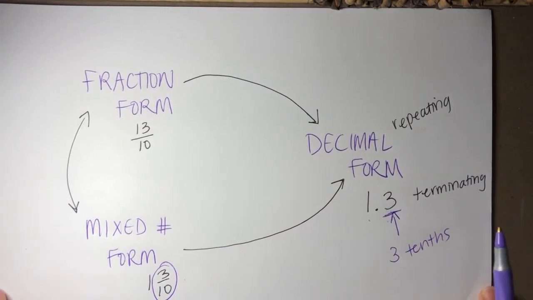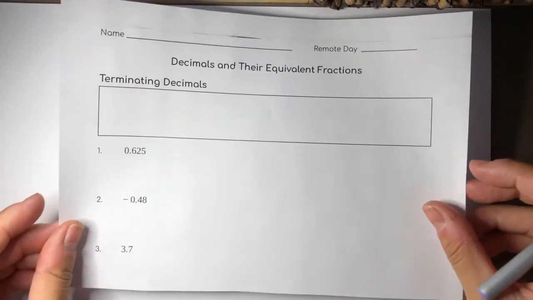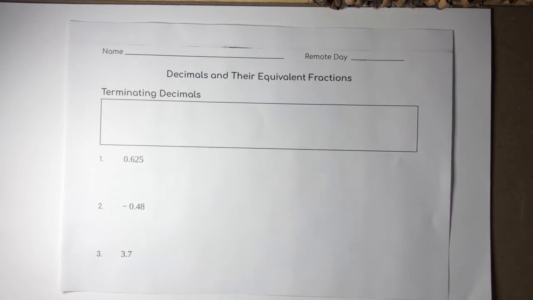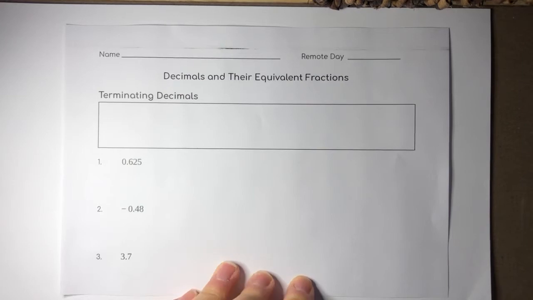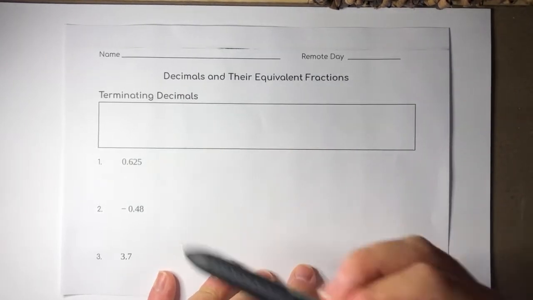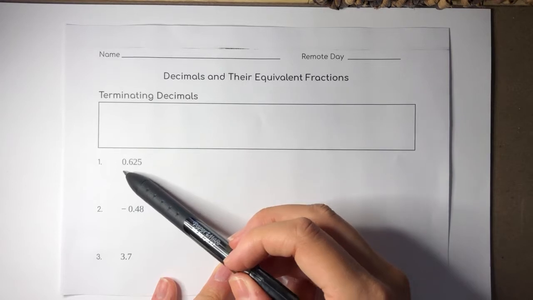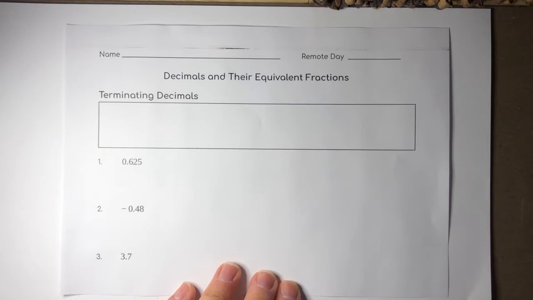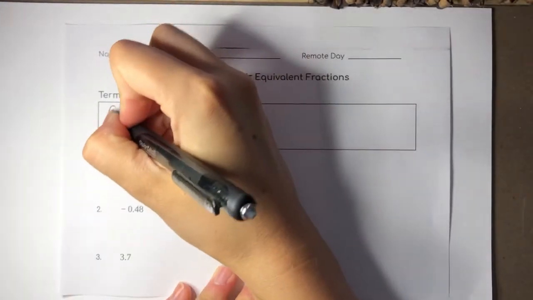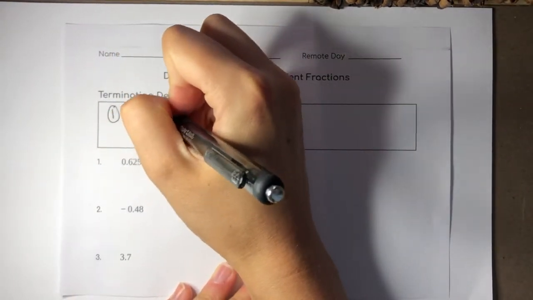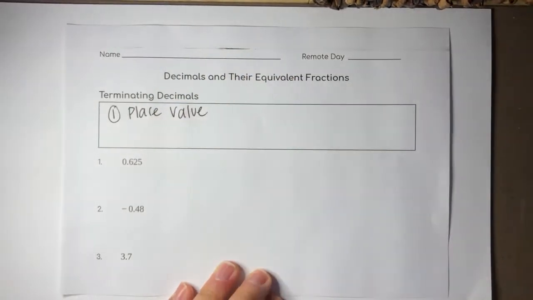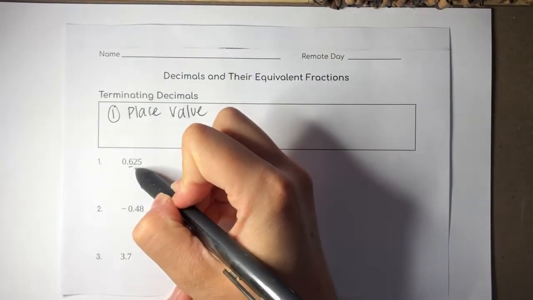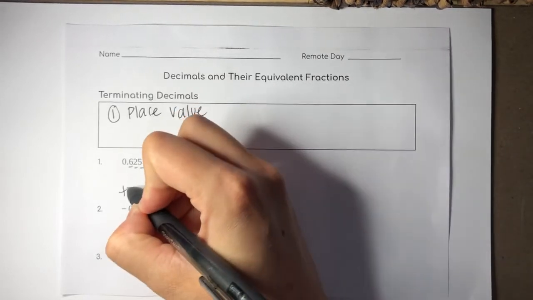So let's look at some examples. On your paper at the top here, you have terminating decimals, and we're going to put them into their fraction form or their mixed number form. So for our first one, we have 0.625. The first thing I need to do is figure out what place value I am in. So this decimal goes all the way tenths, hundredths, thousandths place.